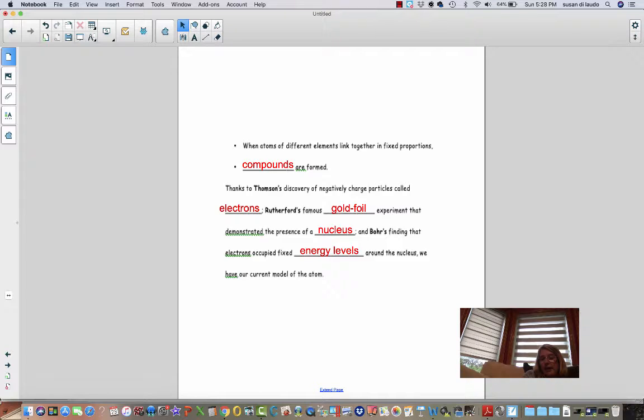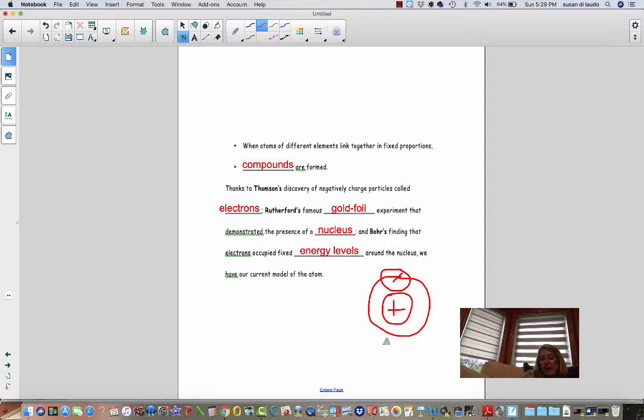And we have this idea that you have this central nucleus, and it's a positively charged center. And then around the nucleus, you have these energy levels that contain these negative electrons. And those negative electrons are kind of orbiting around the nucleus, like planets would orbit the sun.